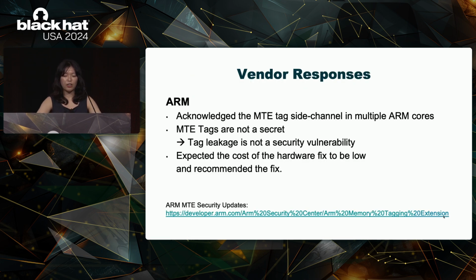So we reported this issue to relevant vendors. First, ARM acknowledged the MTE tag side channels in multiple ARM cores. However, they stated that MTE tags are not actually considered a secret in their architecture, so tag leakage side channel is not a security vulnerability. But still, they expected the cost of the hardware fix to be low and recommended the CPU vendors to fix it.